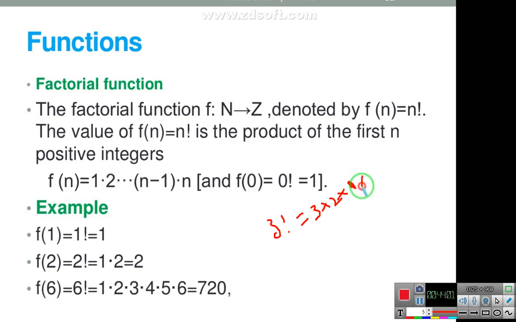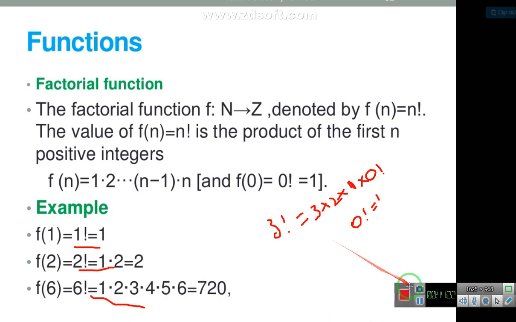Also you can write 0 factorial, and 0 factorial is always equal to 1. So this is a simple explanation of factorial, and these are examples of factorial. Hope this works for you.